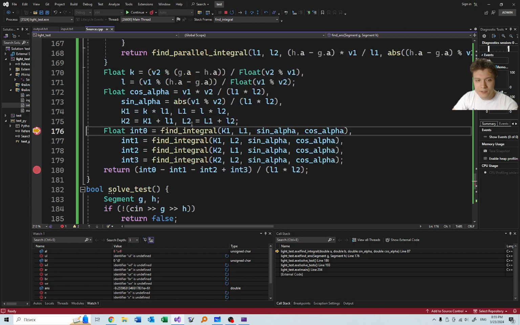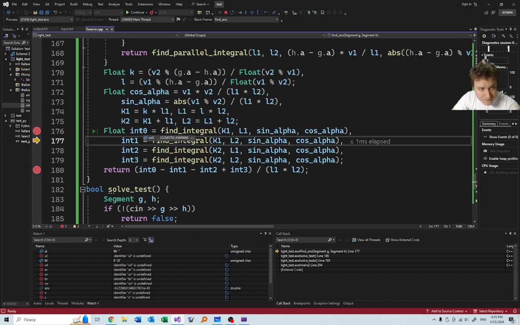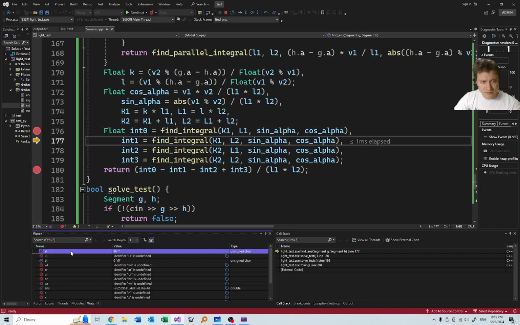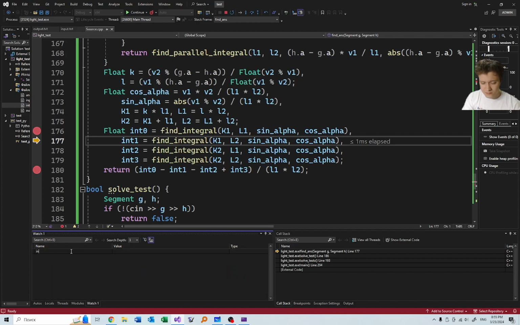Ah, it should be big, because it should be divided by 1 million. Okay, if we divide it by 1 million, they are almost adequate.